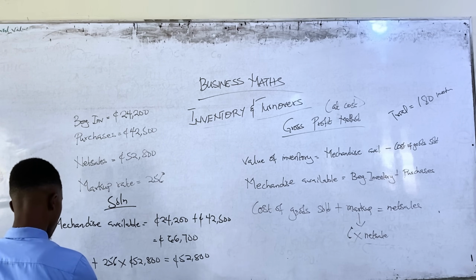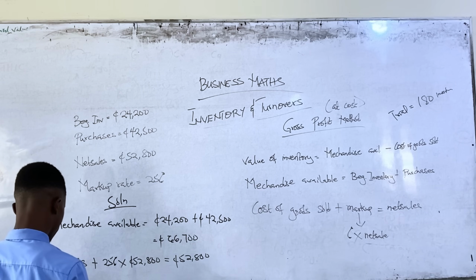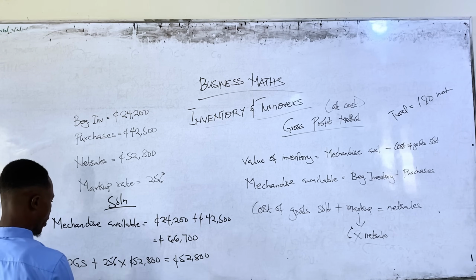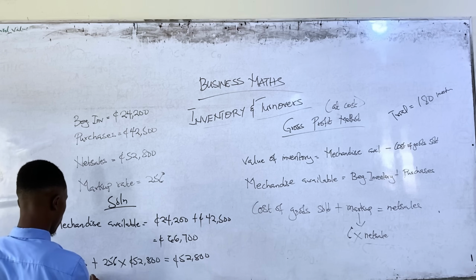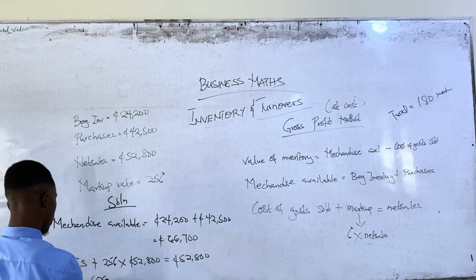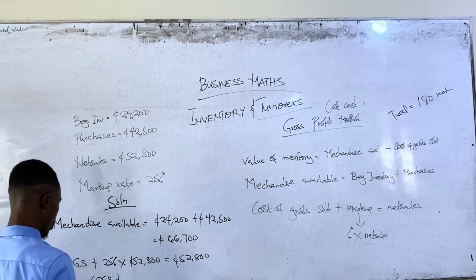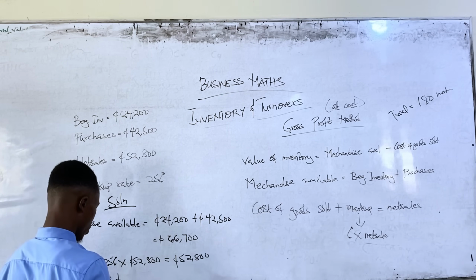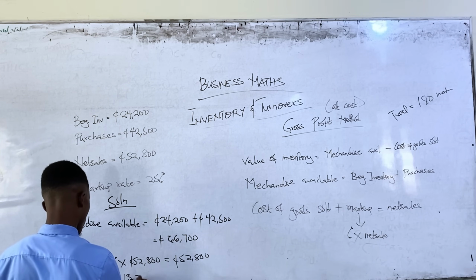This can be changed to 0.25 or whatever, but that is not our concern. So we are grouping items. Let's multiply this, then send this to the right-hand side of the equation. COGS is equal to 52,800 minus 25%, or 0.25, times 52,800, which gives us 13,200.